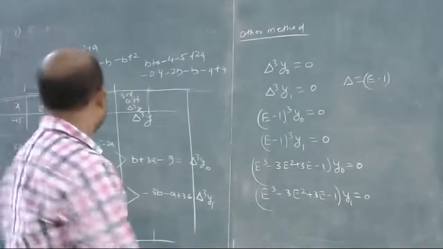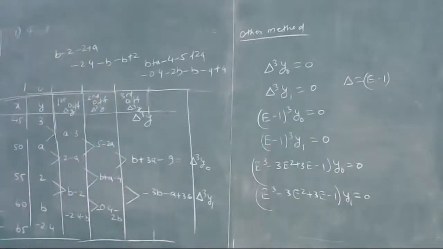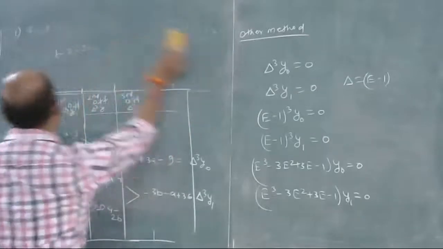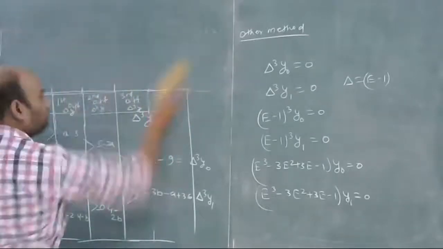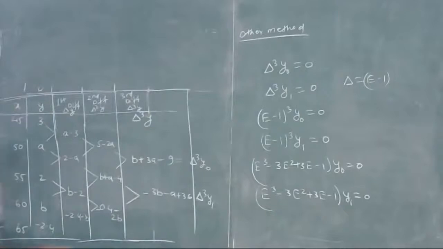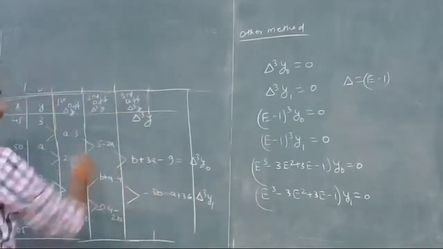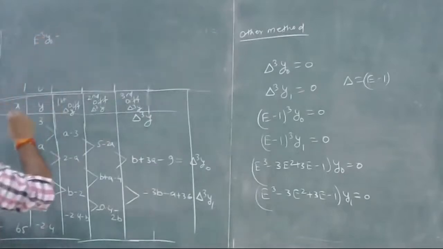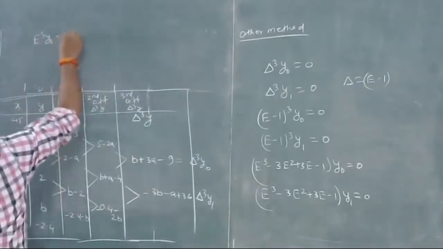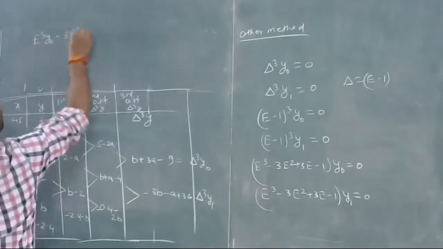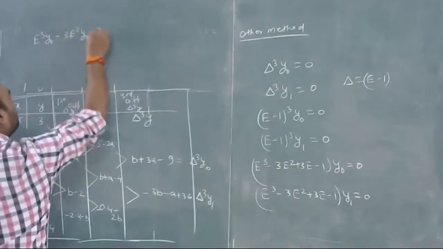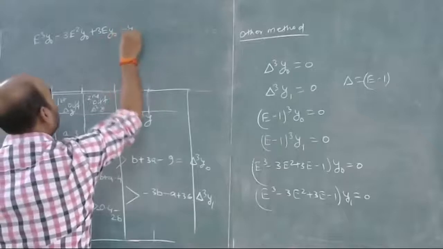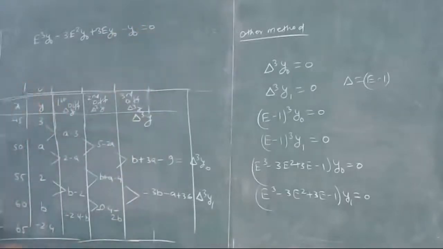Now it can be written as E cube y naught minus 3E square y naught plus 3E y naught minus y naught is equal to 0.